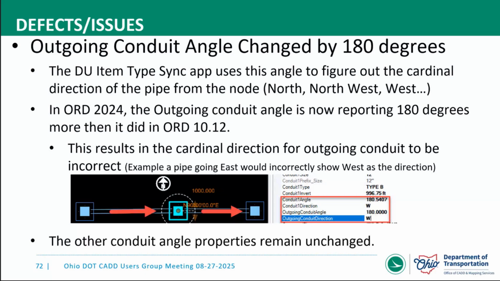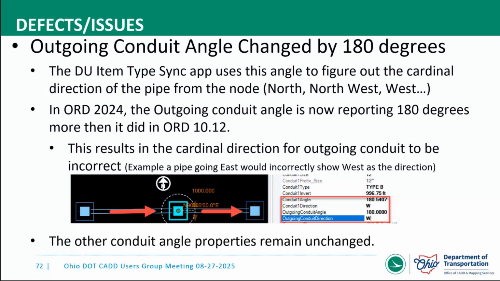And one of those is the angle. So on your node, you can see the angle of any of those connected pipes. And that angle has always been from the east direction counterclockwise. That's your 0. In an update, somehow they flipped that 180 degrees only for the outgoing conduit.